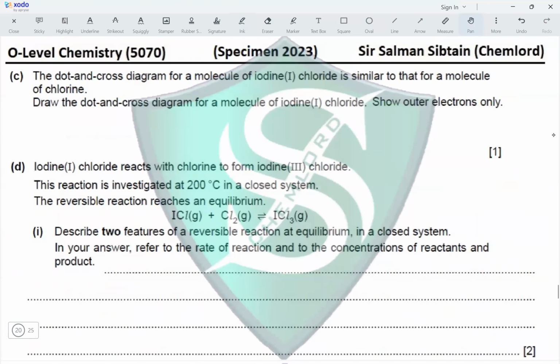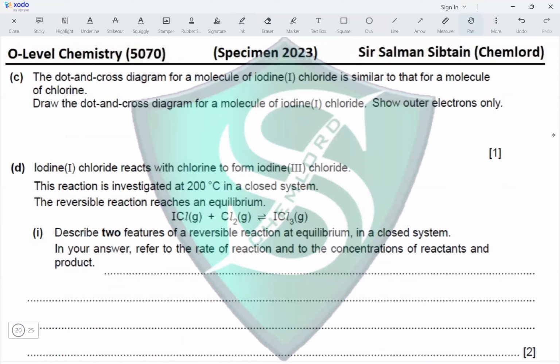Part C. The dot and cross diagram of a molecule of iodine monochloride is similar to that of a molecule of chlorine. Draw the dot and cross diagram of a molecule of iodine monochloride. Show outer electrons only. So here we have a covalent molecule formed between an iodine atom and a chlorine atom, in which one electron from iodine and one electron from chlorine is being shared. So now we complete the electrons of the individual atoms.